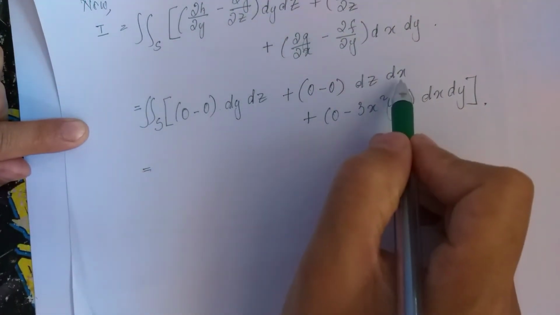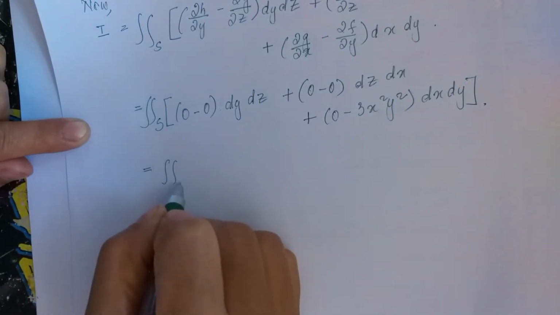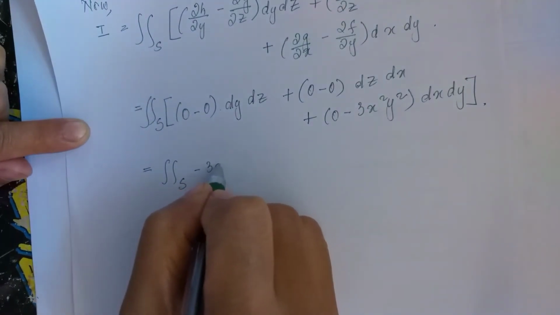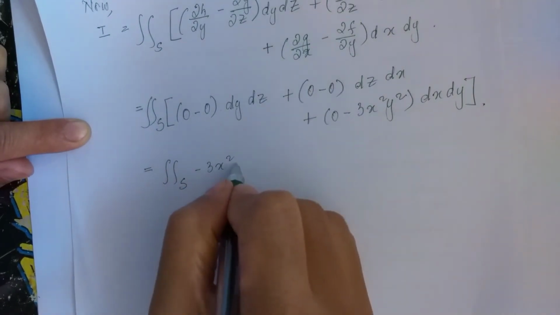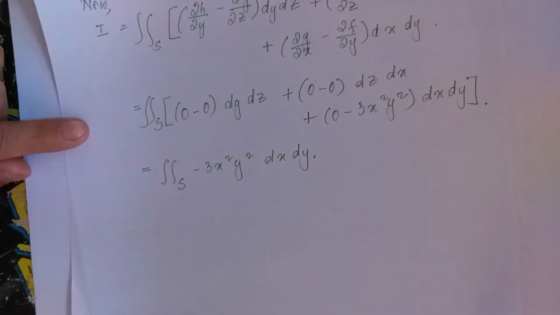From here we get 0, so we get only this term here, which is minus 3x squared y squared dx dy.